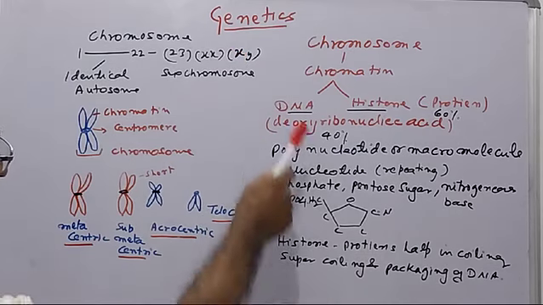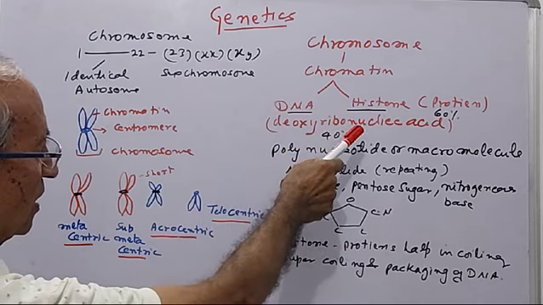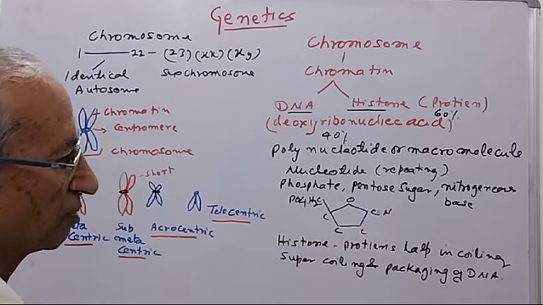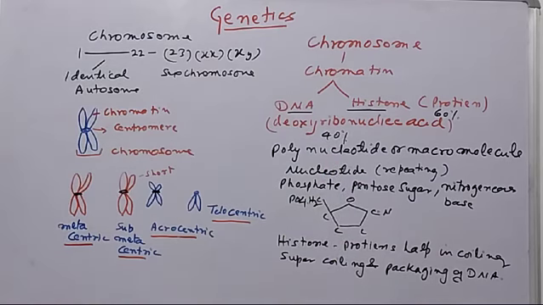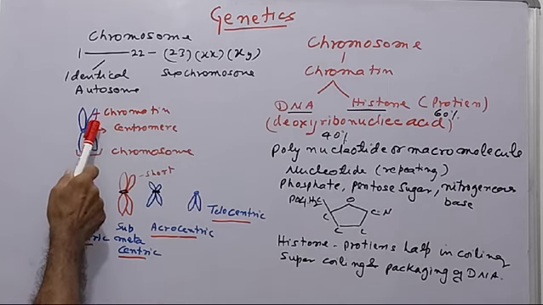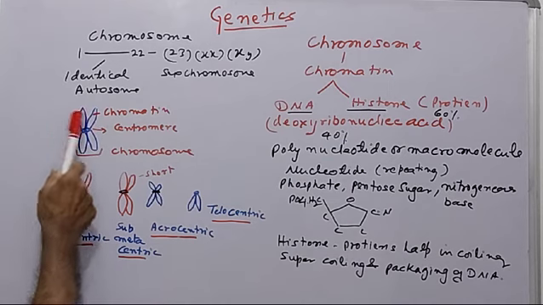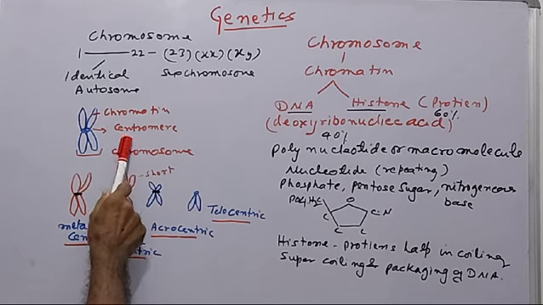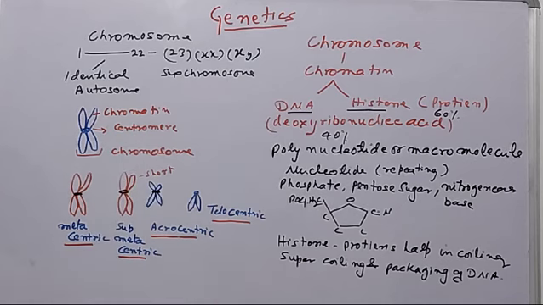Now, when this chromatin fiber in the cell condenses and unites itself to form the chromosome, two chromatin fibers join at a single point. That point is known as the centromere. Now, depending upon the position of the centromere, these chromosomes are divided into four categories.